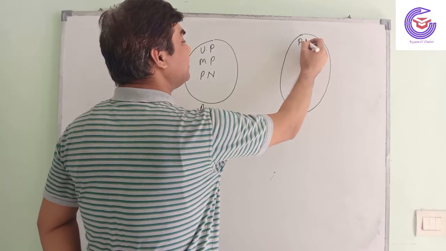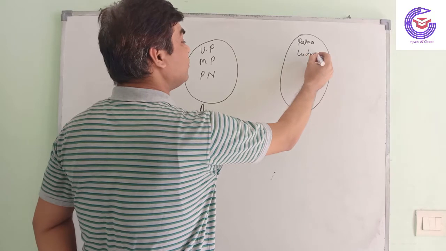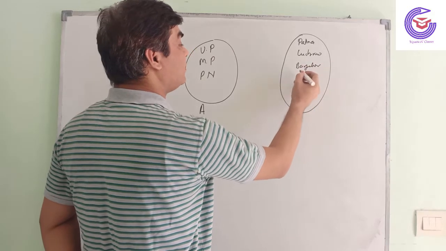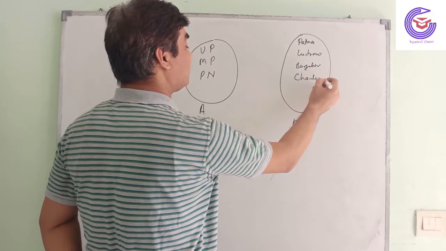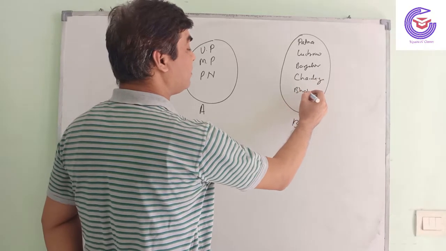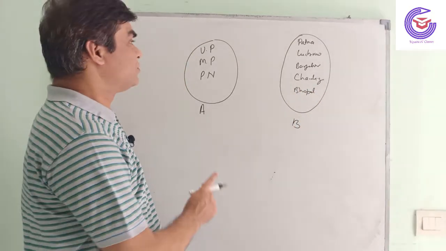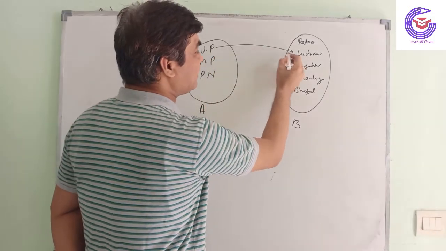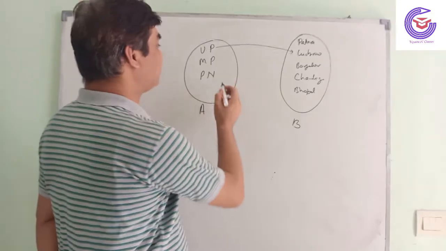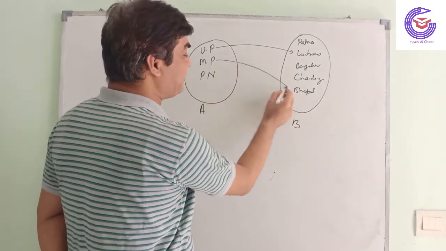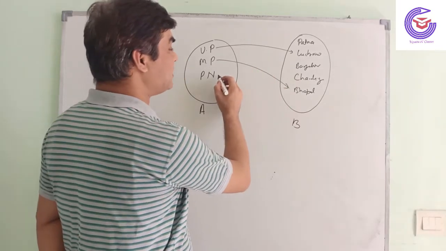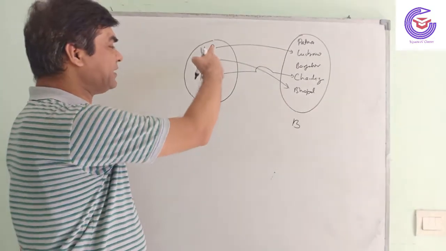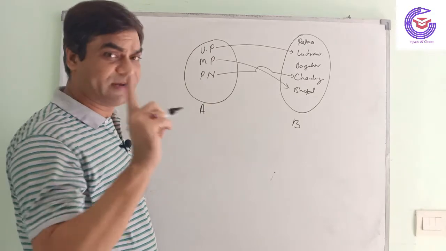So it can be Patna, Lucknow, then Bangalore, Chandigarh, Bhopal. So in this case, if you start mapping, Lucknow is basically the capital of UP, Bhopal is the capital of MP, and Chandigarh is the capital of Punjab. So here you see each state has only one capital.